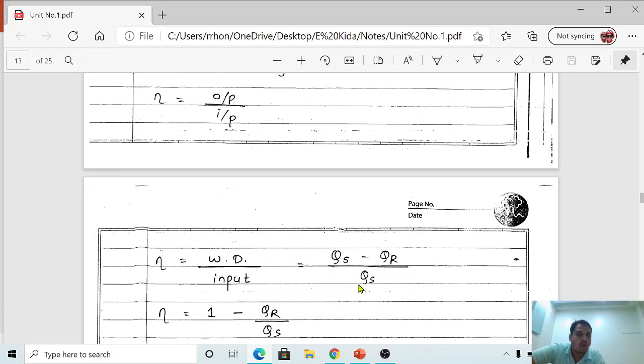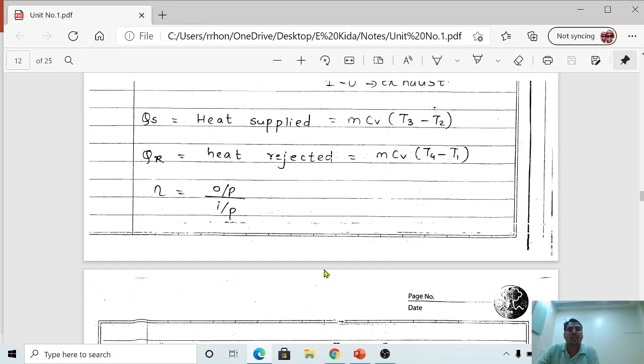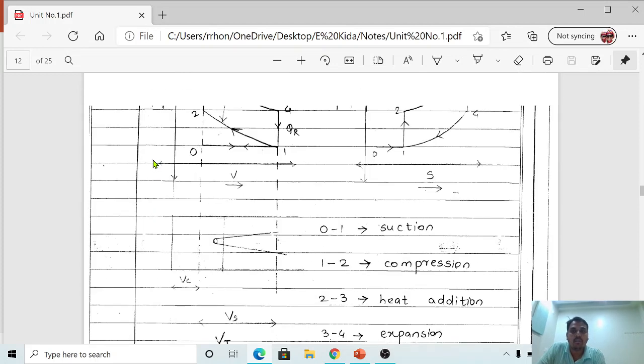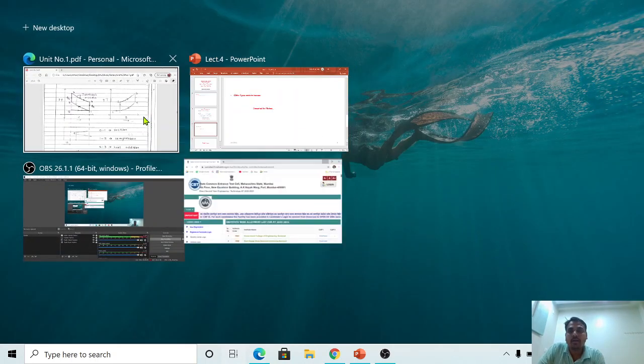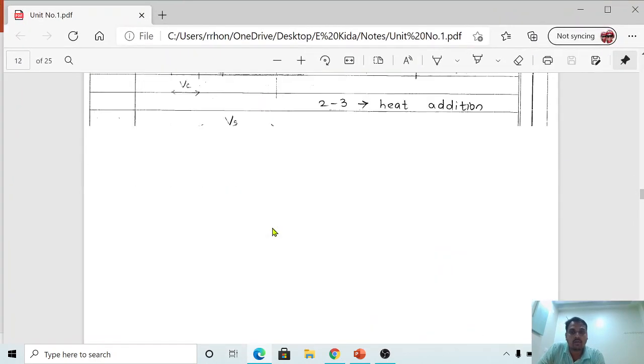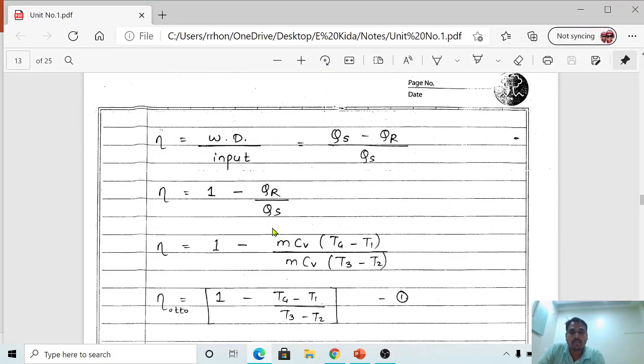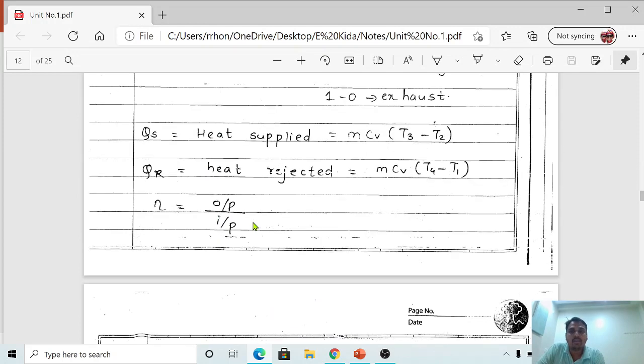Input means whatever heat we supply during the cycle. So what is the work done? Whatever amount of heat we supply minus whatever amount of heat is rejected, that is QS minus QR, divided by the total heat supplied. What is the total heat supplied in this case? The heat supplied is Q suffix S.